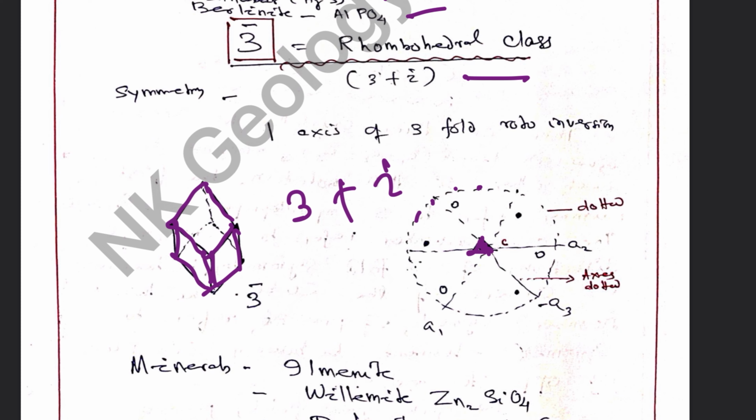So this is dotted. We have 6 faces on the top and 6 faces on the bottom, and they alternate. These are the 6 upper faces. These are the 6 down faces.